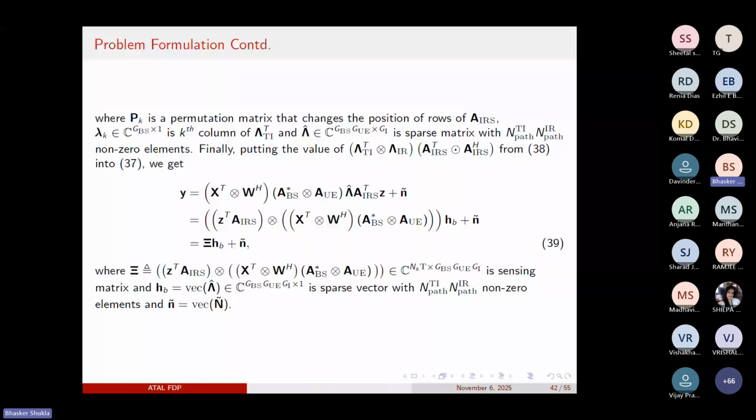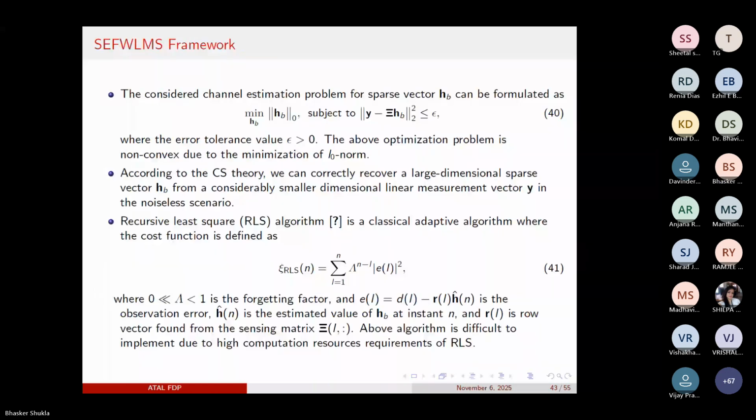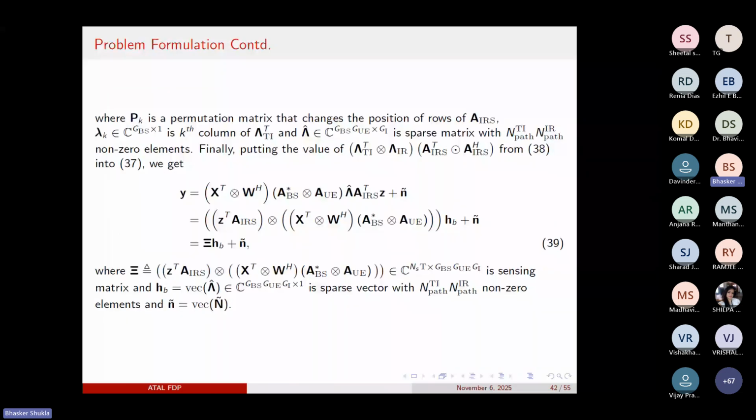Again, after applying this cascading channel, we have to estimate the sparse vector HB, meaning the cascaded part of all the channels, by knowing Y and this psi.